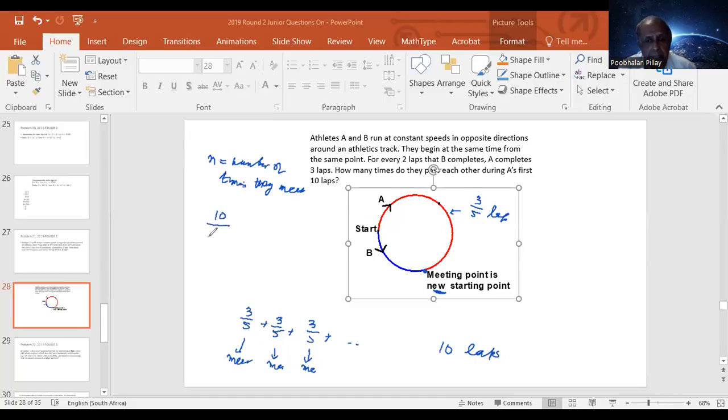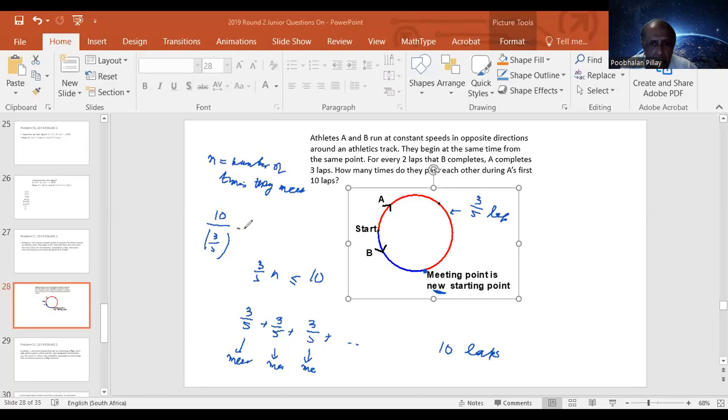That is 10 divided by 3/5. Otherwise, you can say 3/5 times n, the number of times they meet, will be equal to 10. But you have to be careful: it need not be equal to 10, because they might not meet at the starting point. I don't want to go into that, but we'll see shortly that it really has to be less than or equal to 10, because the number of times they meet might not be at the starting point.